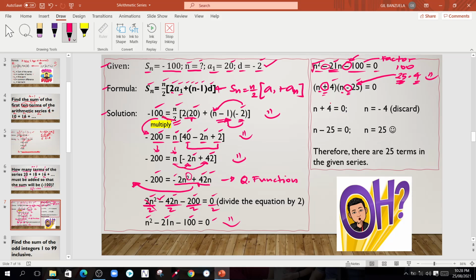Then by the zero property, n + 4 = 0 and n - 25 = 0.